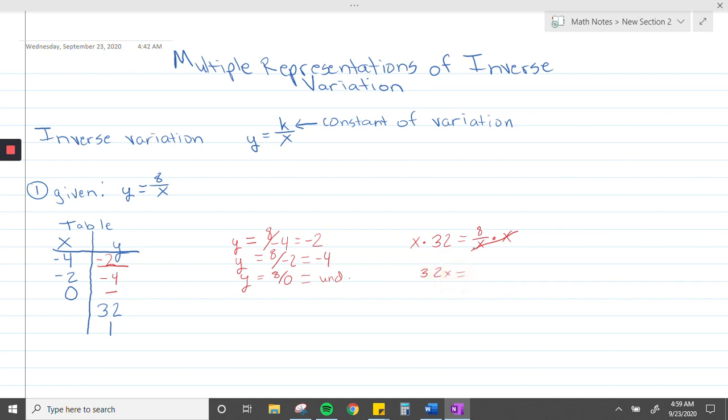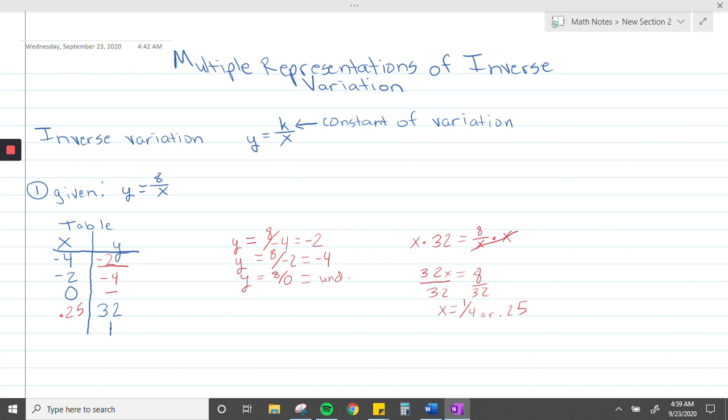And the x is canceled out, so I just have 8 over here. Now to get the x by itself, I'm going to divide by 32 on both sides so that x is equal to 8 over 32, or if you reduce that fraction, you can write it as 1/4 or 0.25. I'm just going to write 0.25 here.